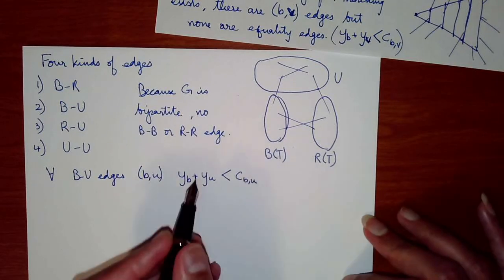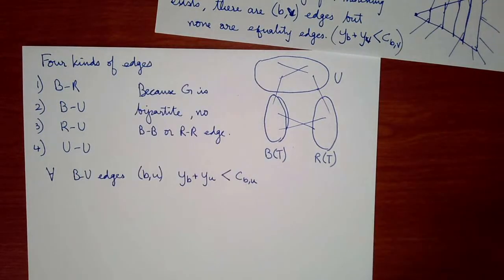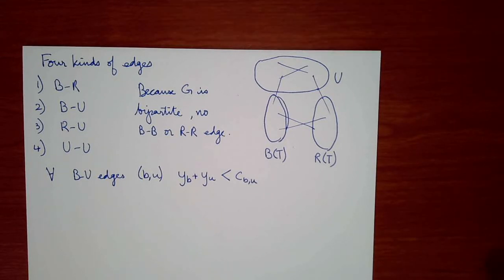Because if it was equal, then we could extend the tree. Now, can someone tell me how are you going to update the dual? Now that we have this condition, how would you update the dual variables?